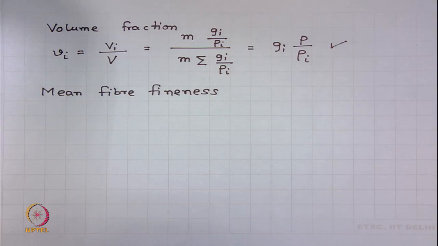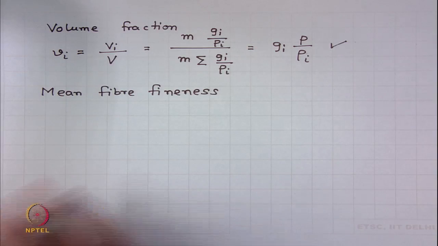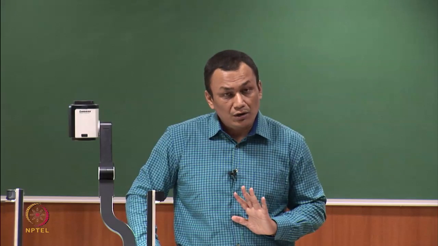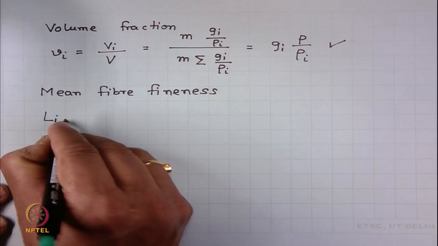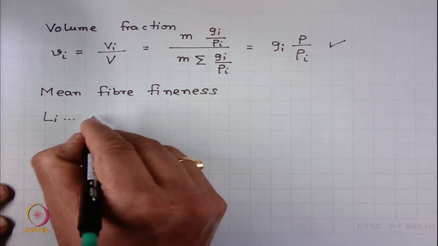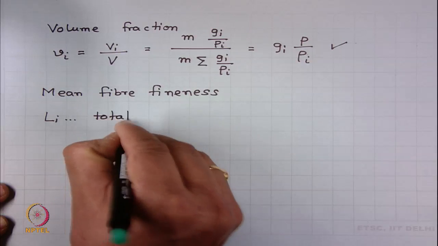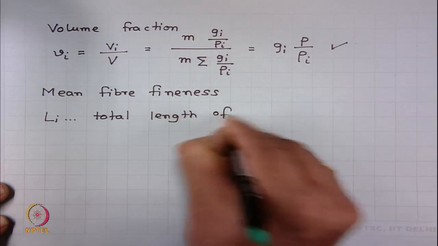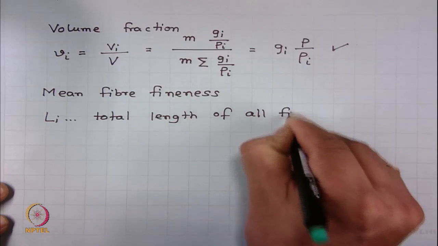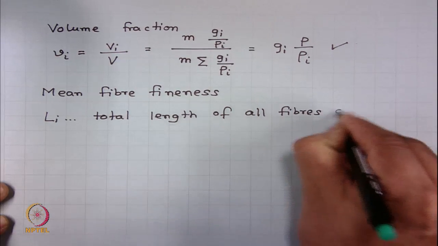How to find out the mean fiber fineness of the blend? Suppose the total length of fibers of ith component is capital Li. So, capital Li denotes total length of all fibers of ith component.